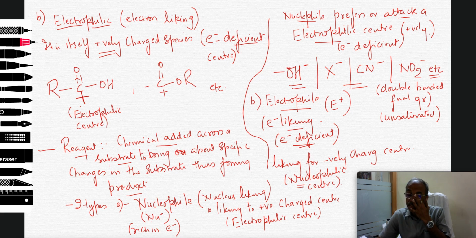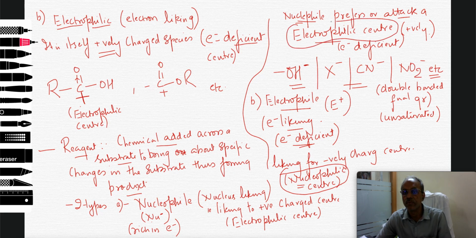So an electrophile prefers or attacks a nucleophilic center. This is very important: an electrophile will prefer a nucleophilic center and a nucleophile will prefer an electrophilic center. Fine?